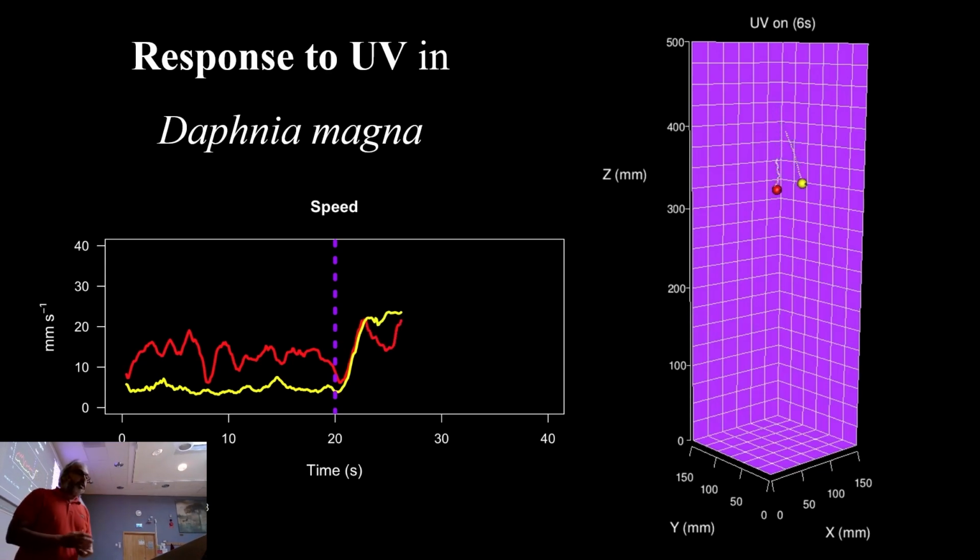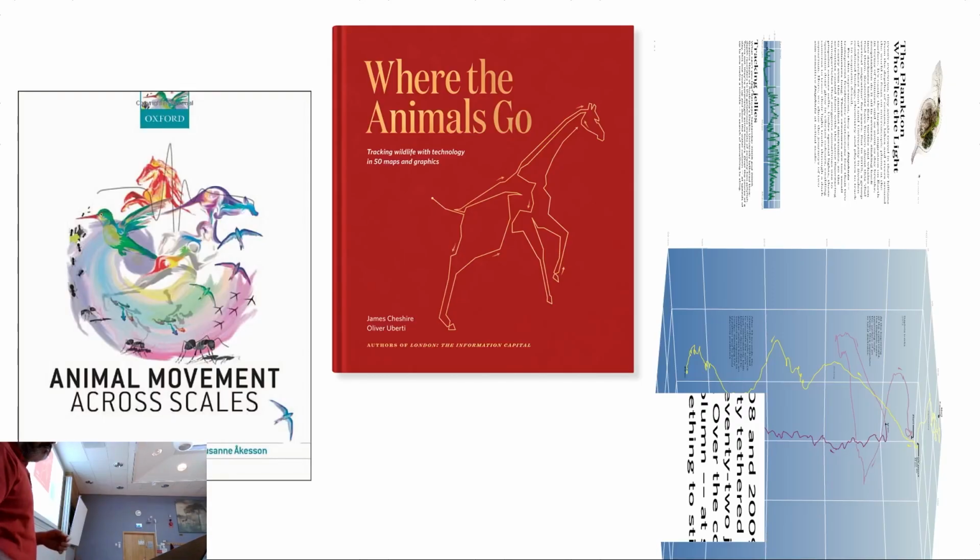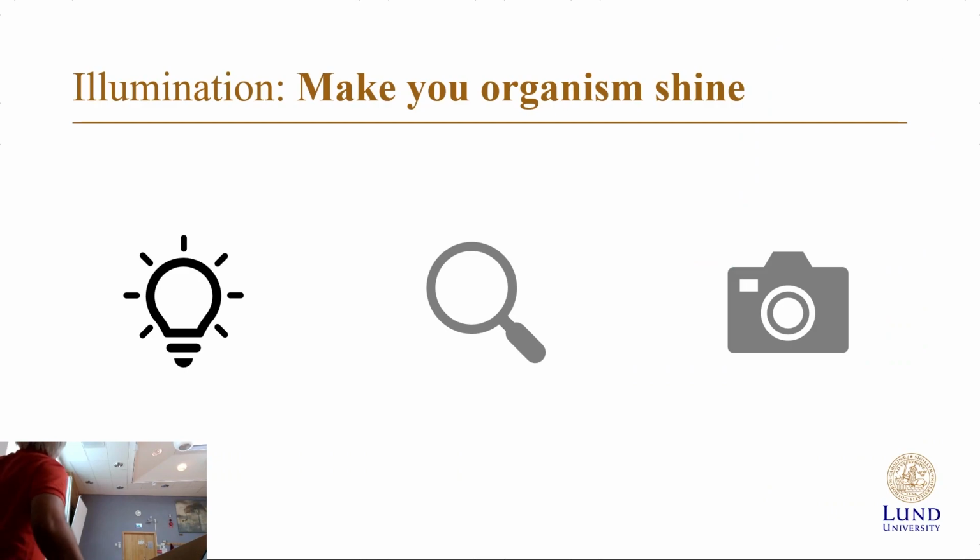Now, this was never done in such detail because usually it's done on a population level, just sampling different water depths. That's why it became a textbook example. I'm afraid you cannot see the beautiful images that they've produced here. But the message is there. So make your organisms shine if you can.